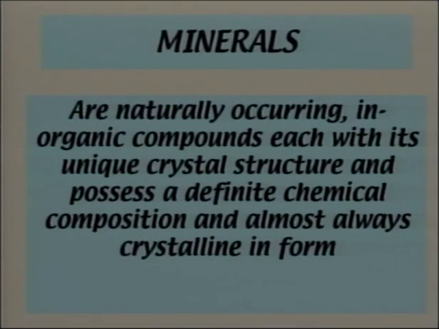It tells us that minerals are naturally occurring. That means they occur naturally in nature. They are also inorganic compounds, each with its unique crystal structure and also possessing a definite chemical composition. And note that also minerals are almost always crystalline in form. And that is the definition that we looked at on what minerals are.